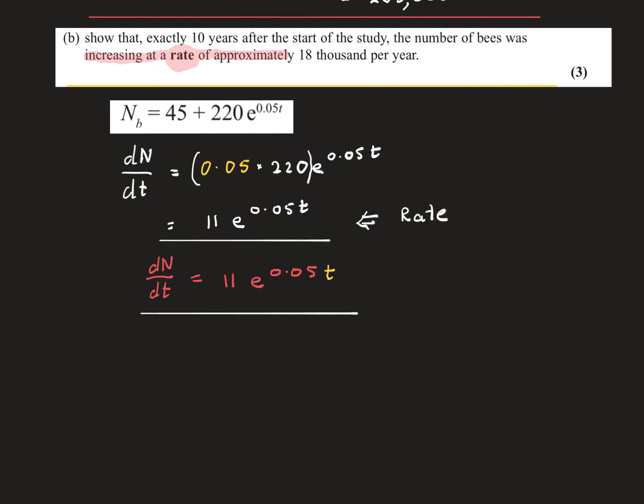So now we want to show that the rate is 18,000 per year after 10 years. So let's see if it is actually 18,000. We're going to insert into our rate t for 10 and work this out.